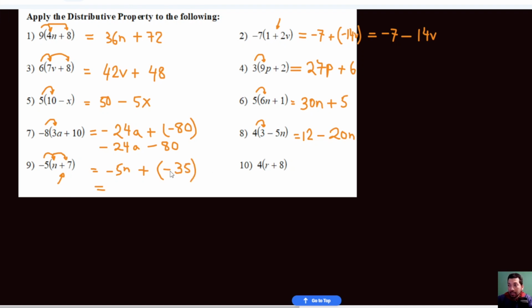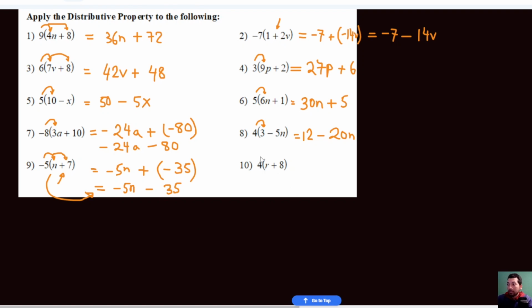If you distribute the signs, we have negative 5n minus 35. Now we can also do this in one shot, which is negative 5 times n is negative 5n, then negative 5 times positive 7 is negative 35. So we can also do it in that way.